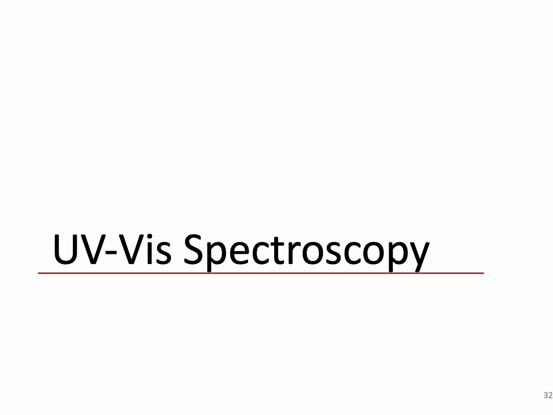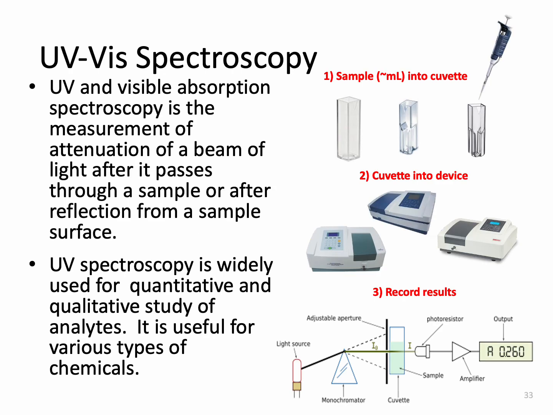What is UV-vis spectroscopy? UV and visible absorption spectroscopy is the measurement of attenuation of a beam of light after it passes through a sample or after reflection from a sample surface.